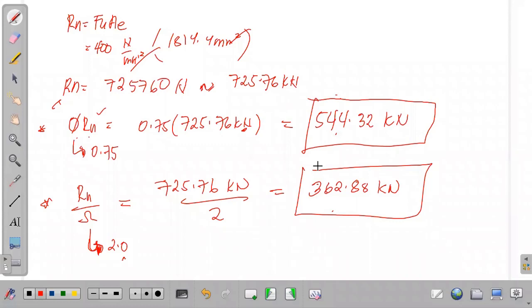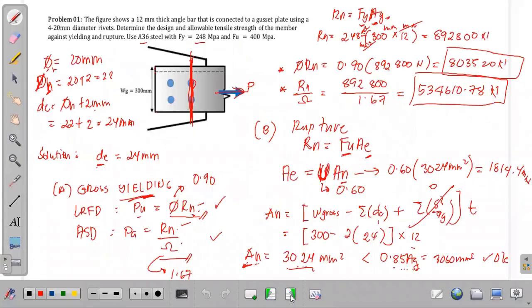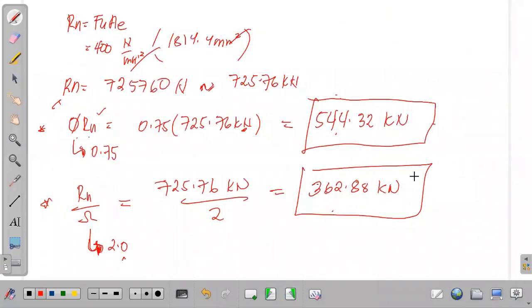So, in problem number 1, four values were asked: the design and allowable for gross yielding, and then the design and allowable for tensile rupture. So that is problem number 1.